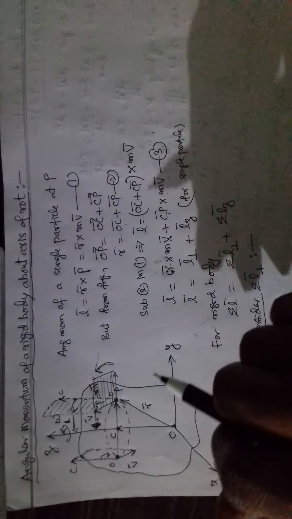OC is vertical and the velocity vector is horizontal. Now the plane formed by these two is a vertical plane. And as a right-handed screw is moved from OC to V, clockwise, it moves in this direction.